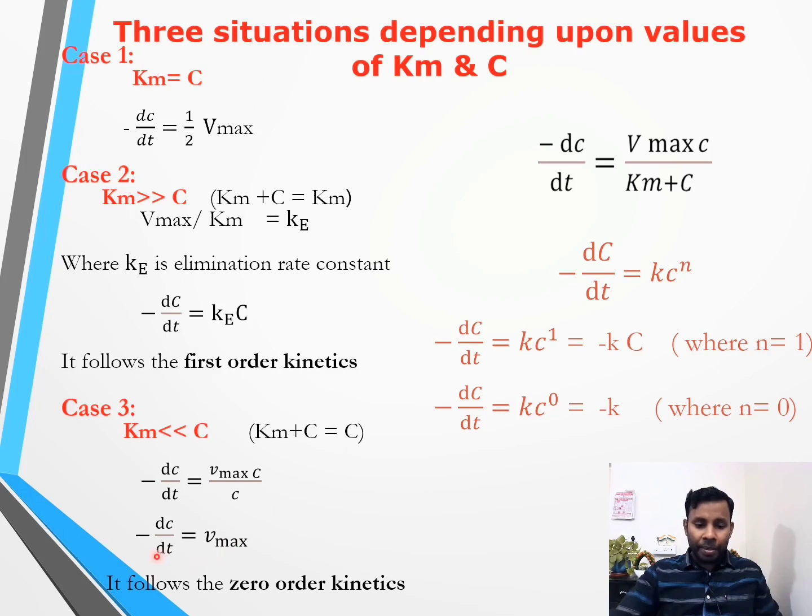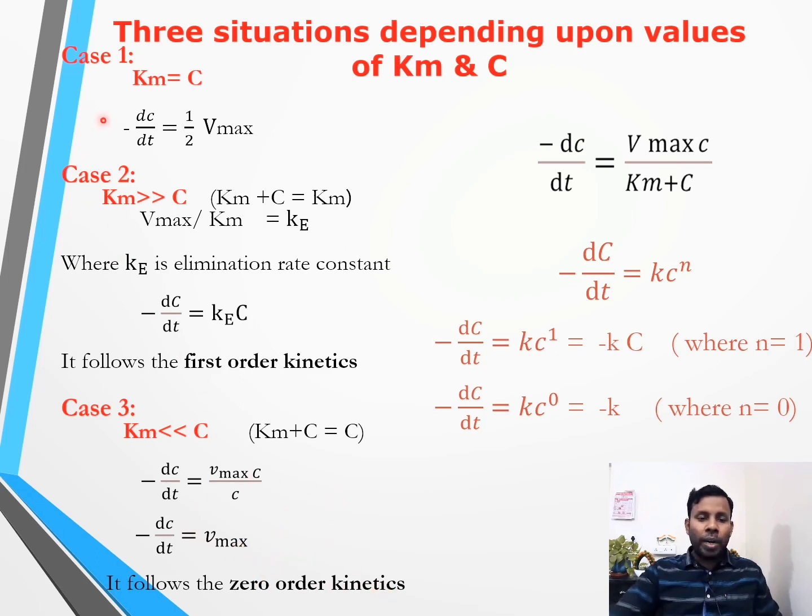It will become minus dC by dt is equal to Vmax. So this is looking like a zero order rate, because here minus dC by dt is equal to minus K. So here minus dC by dt is equal to Vmax. So it will follow zero order kinetics.